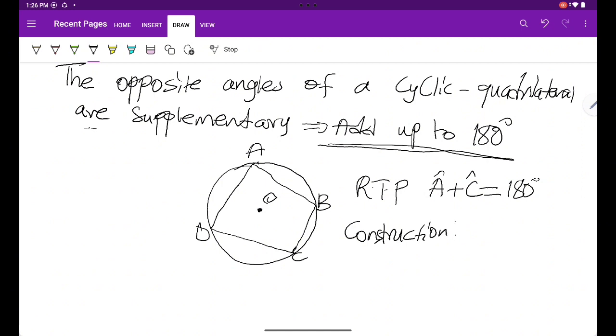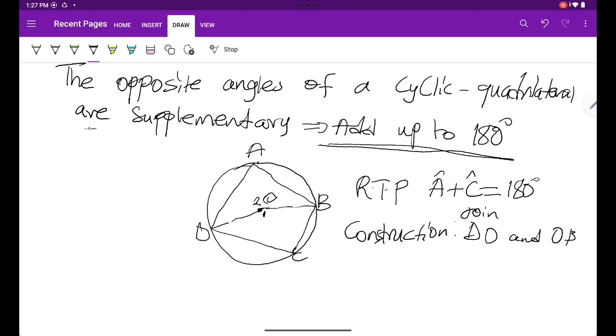So here we are going to join DO and OB. So now we have O1 and O2.